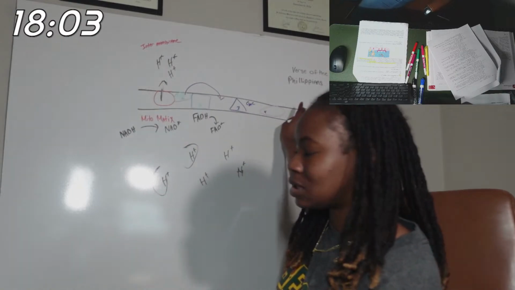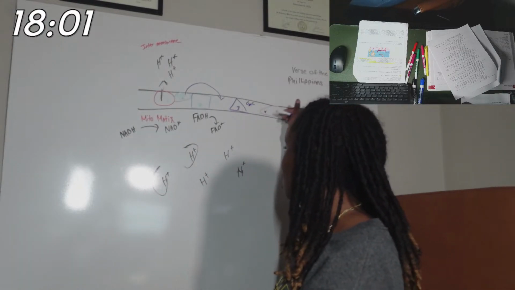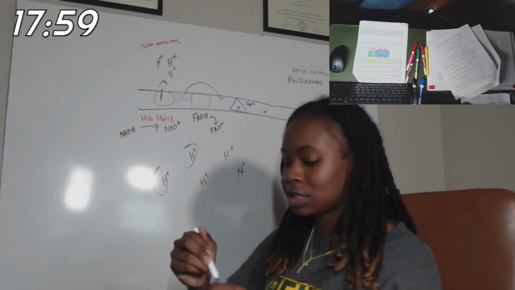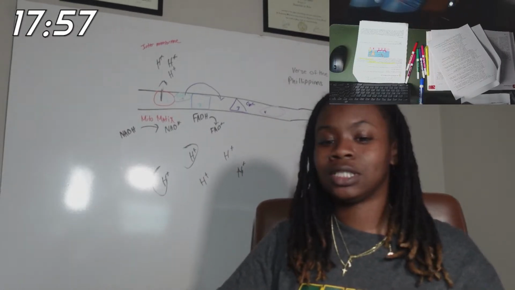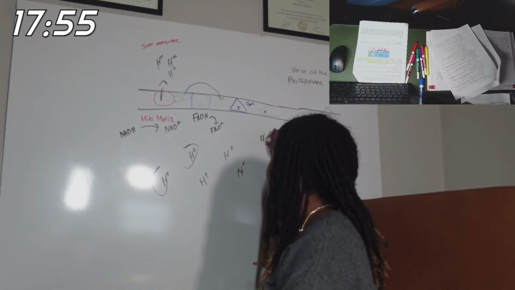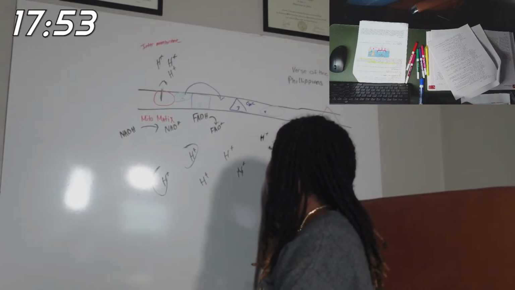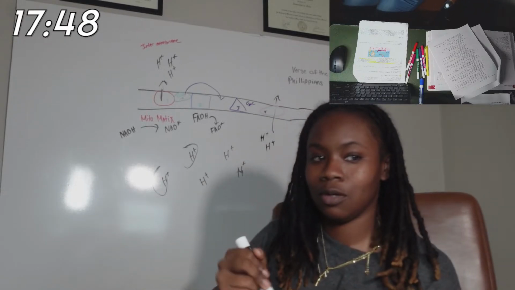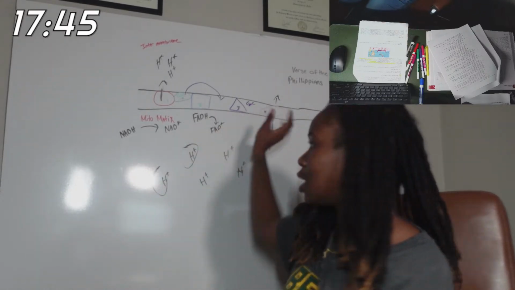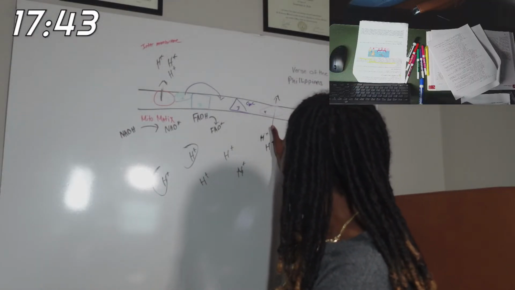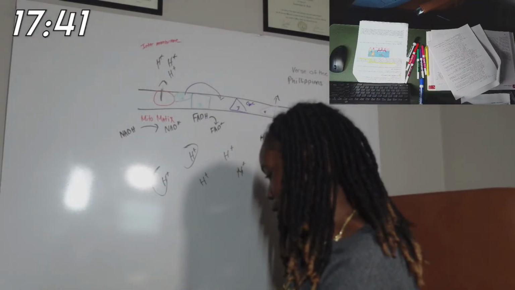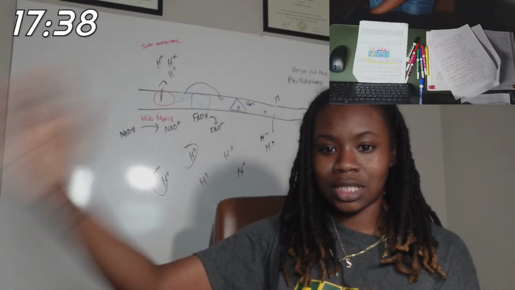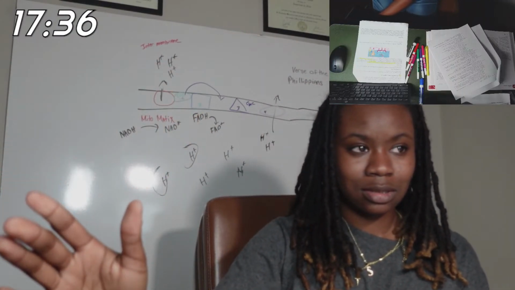It just tosses them over to complex 4. Complex 4 then takes the rest of these hydroniums, and it starts pumping them out. We now have enough energy over here to start oxidative phosphorylation, which is ATP synthesis.